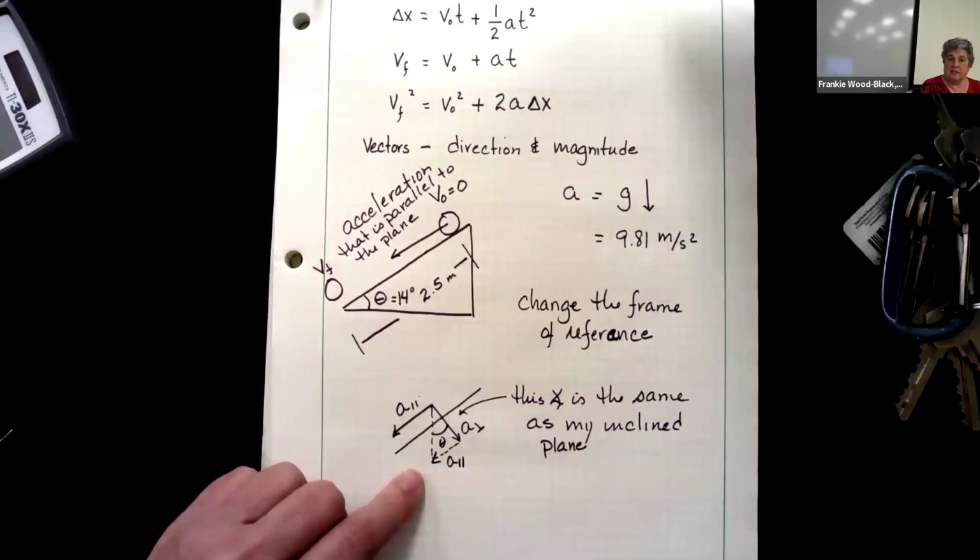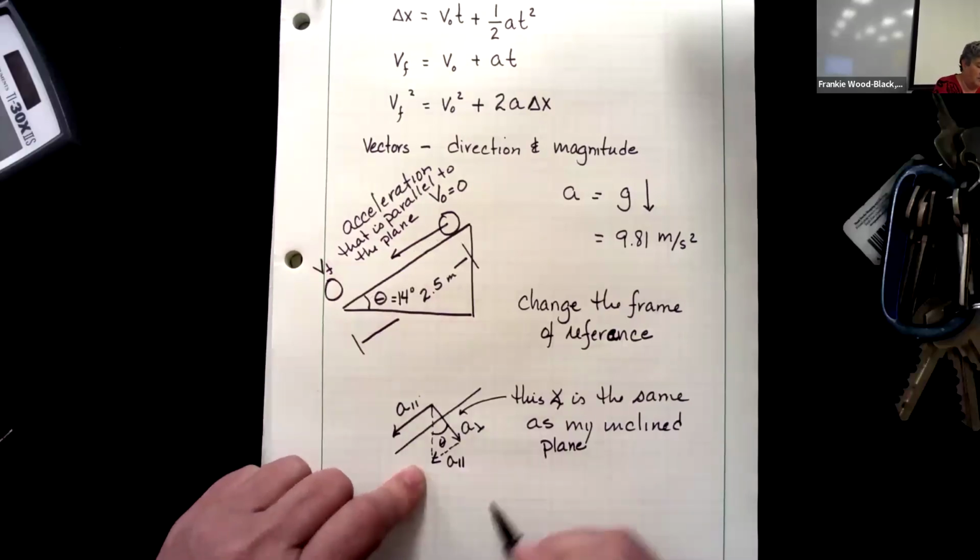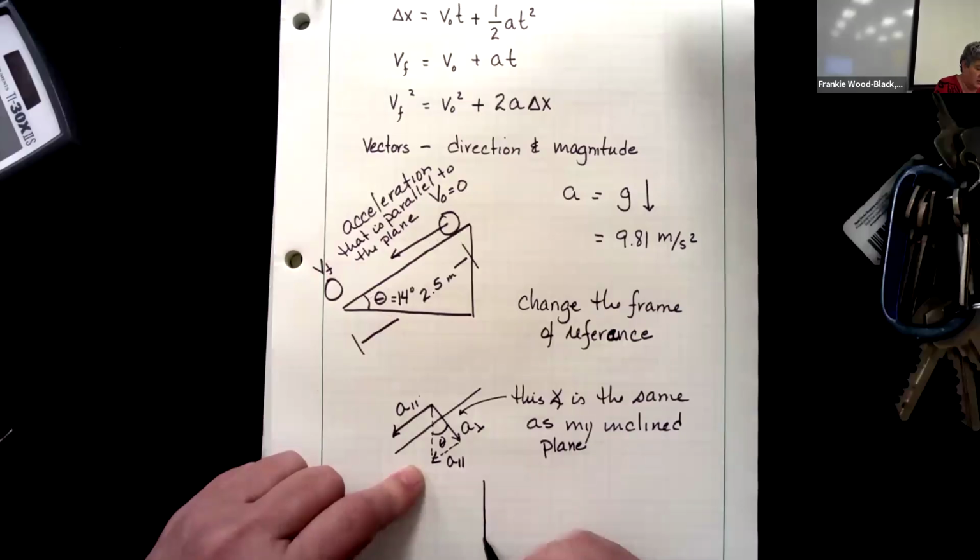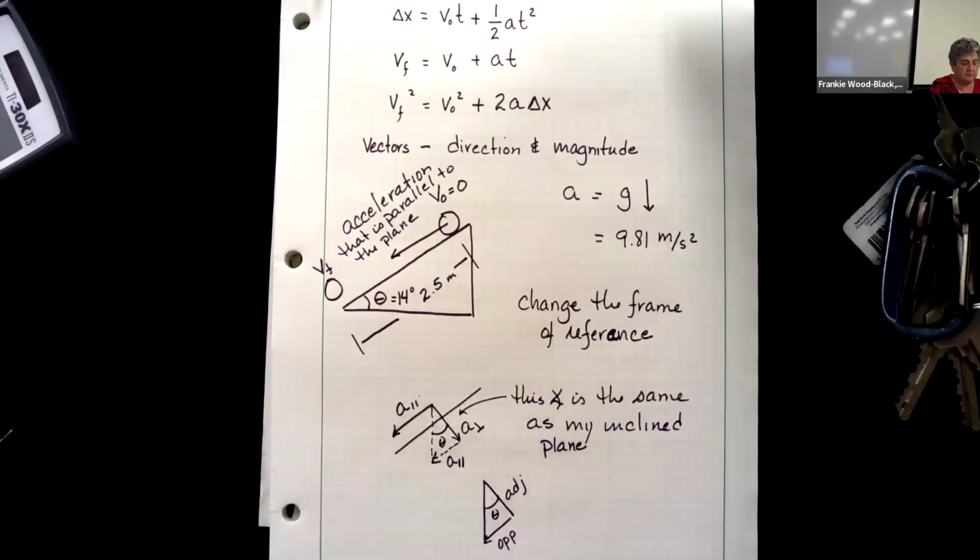Now, the reason I did this as parallel and perpendicular is because we want to go back to our triangle. So now I have my triangle that looks like this. This is the opposite side, this is the adjacent side, and there's my angle.